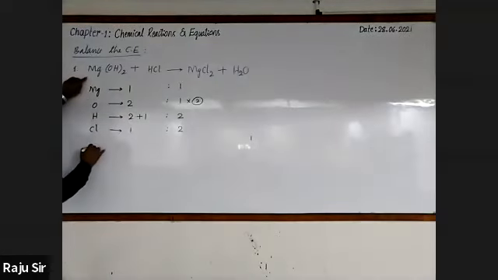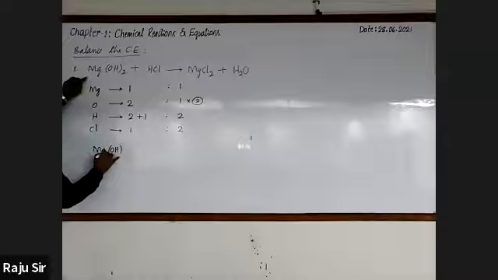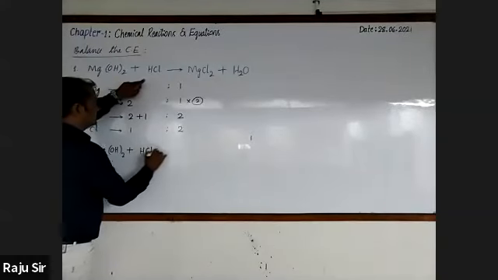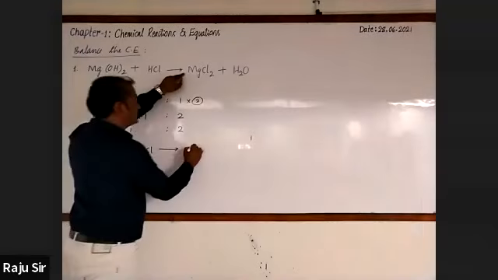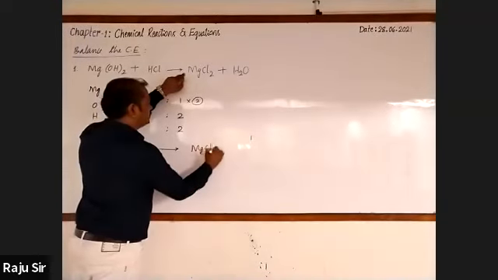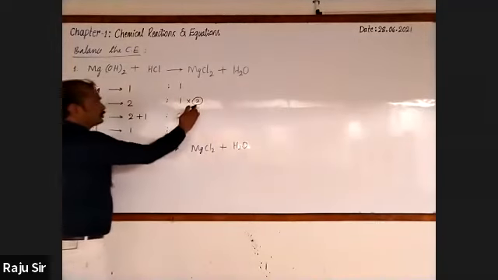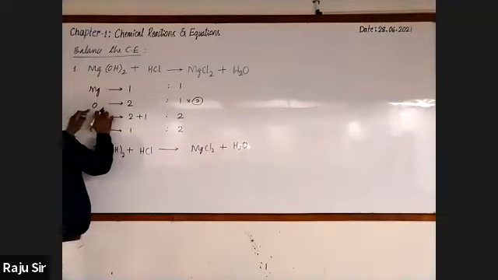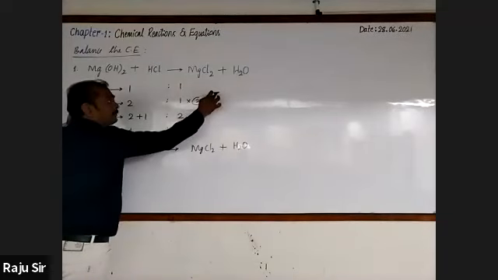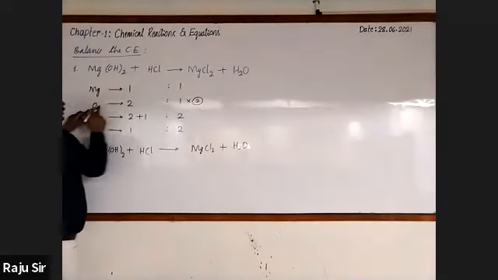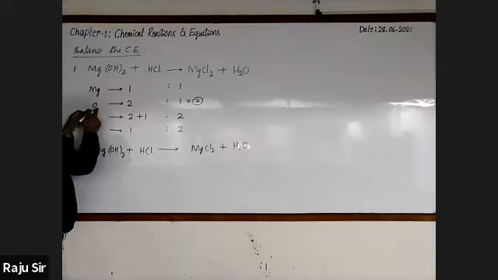Here I write Mg(OH)2 magnesium hydroxide plus HCl as it is gives rise to MgCl2 magnesium chloride plus H2O. Here 2 should be multiplied on the product side, and the corresponding element is oxygen.